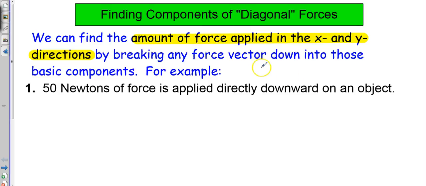Just as a review, the component form looks like this. Component form of a vector. This first entry right here is going to give us the magnitude or amount of force in the x direction.